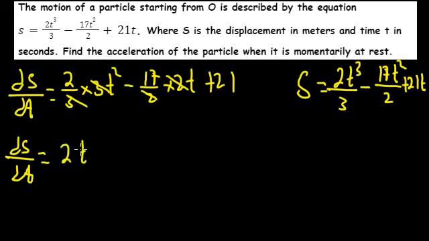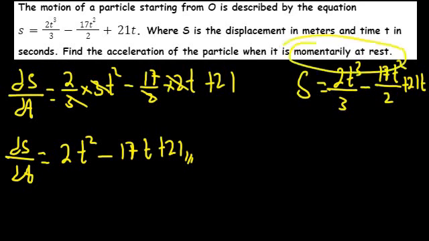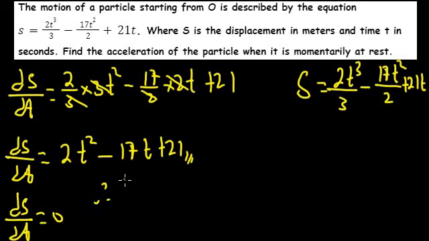So we have 2t squared minus 17t plus 21. So this is the velocity of the particle. So when the particle is momentarily at rest, according to this statement, ds/dt is equal to 0. Therefore, 2t squared minus 17t plus 21 will be equal to 0.